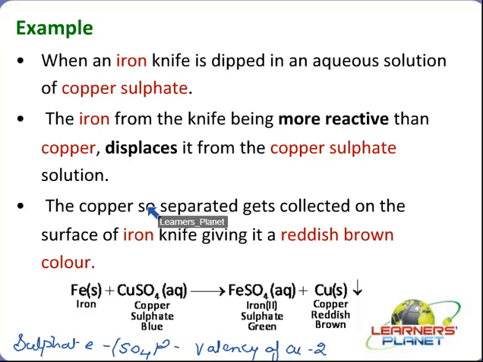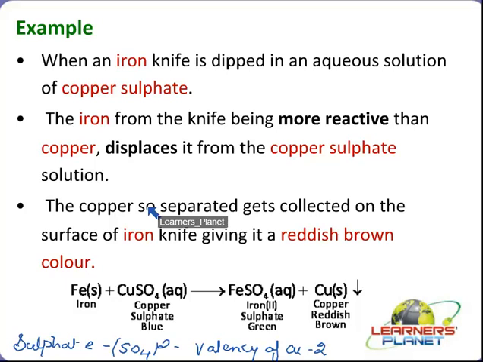Now in this case, students, what type of question can you get from this equation? I can ask you that there is a deposition of a red substance on an iron knife when dipped in CuSO4. What is that red substance? Got it? Note down the question.